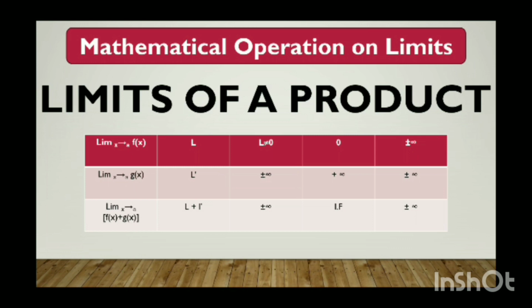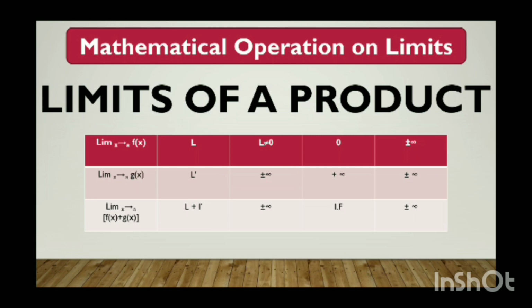Alright, so everything being equal, you notice in row 1, look at the second to the last column, column 4. In column 4, the limit of f of x is 0 and g of x is positive infinity.